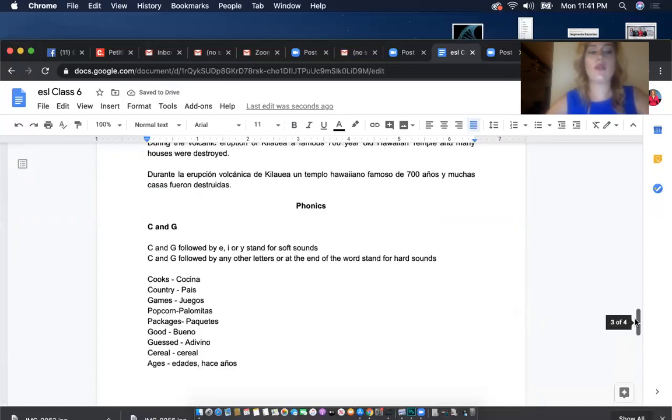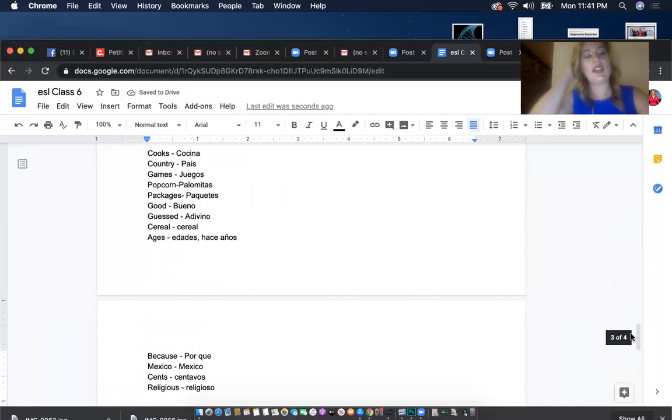So now, before we start filling in the blanks, let's practice the words, because these are the words that either have hard C and G sounds or soft C and G sounds, okay? So ahorita lo que vamos a hacer es vamos a practicar estas palabras, cómo pronunciarlas, porque son palabras que ya sea tienen el sonido suave de la C y la G o el sonido fuerte de la C y la G. So tenemos cooks, country, games, popcorn, packages, good, guest.